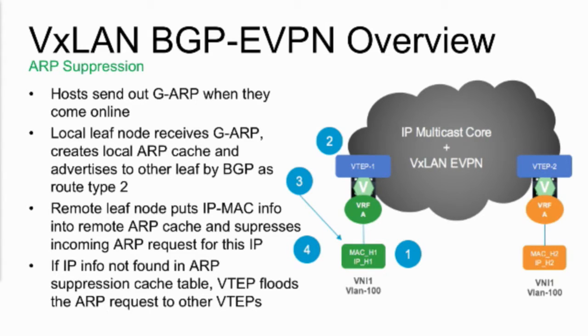So if host B tries to reach host A, instead of flooding those packets, it will look up who holds that MAC address in its ARP suppression cache, and forward directly to that particular endpoint, rather than using multicast packets to flood the network. This saves a lot of flooding.